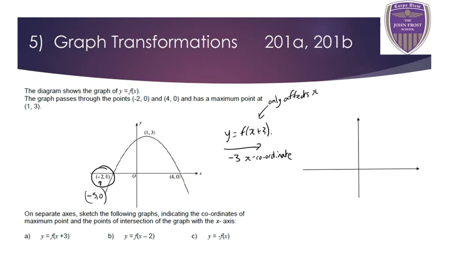It's in the function. So we know that this graph is going to move over, and it's going to come through here at -5, 0. If I come to this point here, the x coordinate is 4, and I'm going to take 3 away from it. So that's going to change it to 1, 0.